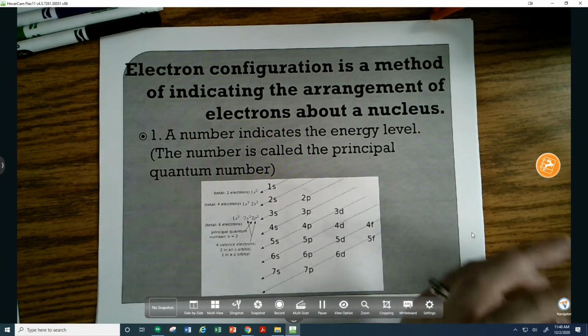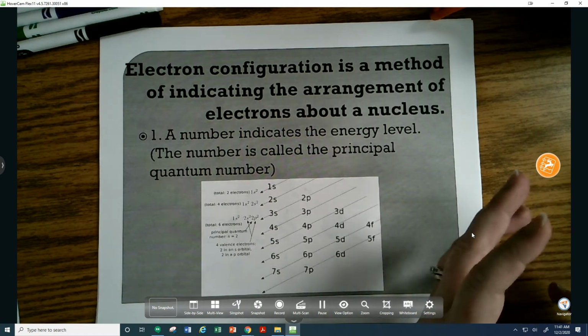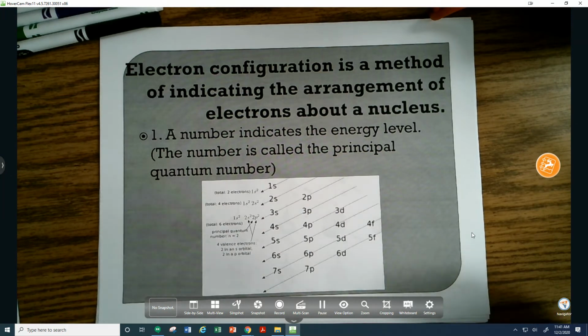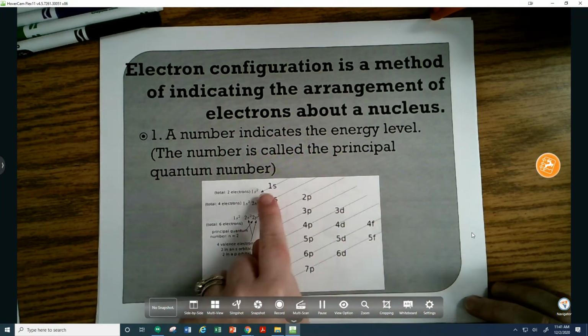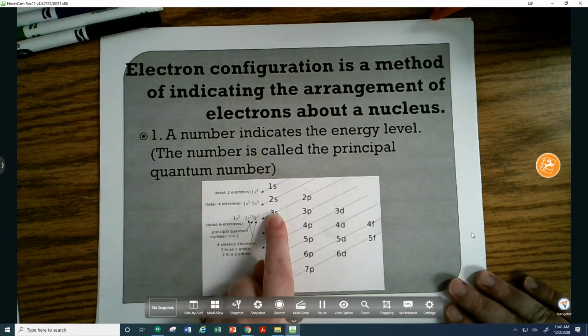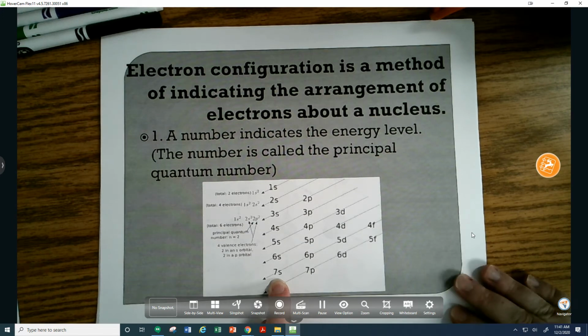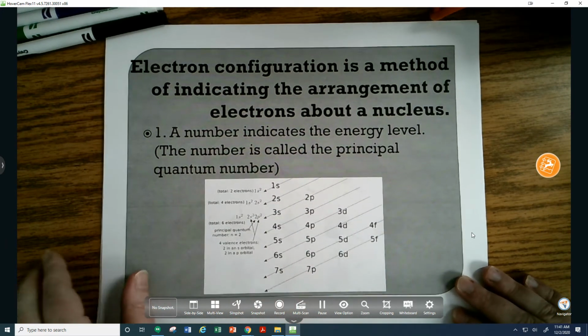There are 7 energy levels at this current point, with our current periodic table going to element 118. Energy levels represent the rings on the Bohr model, where energy level 1 is closest to the nucleus, and energy level 7 is the farthest out from the nucleus. You can think of these like floors in a building, for example.